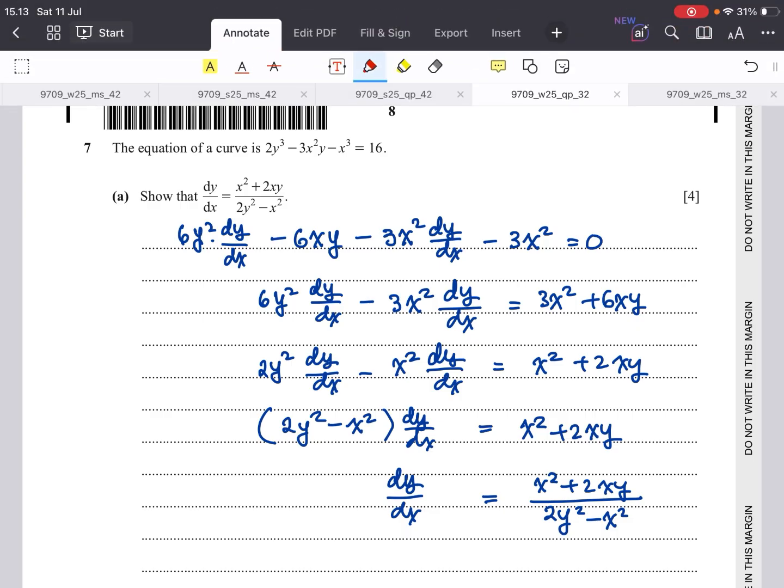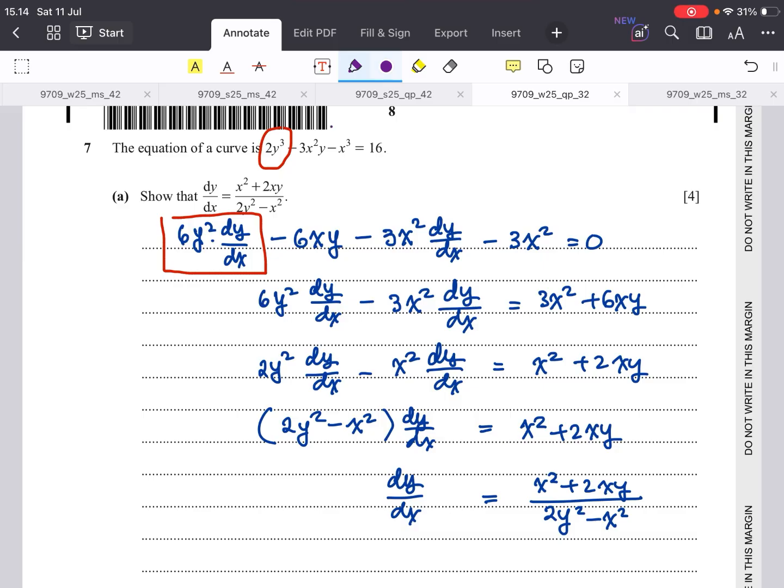So we are going to differentiate each term in this equation with respect to x. So the differentiation of 2y cubed with respect to x is 6y squared times dy over dx.